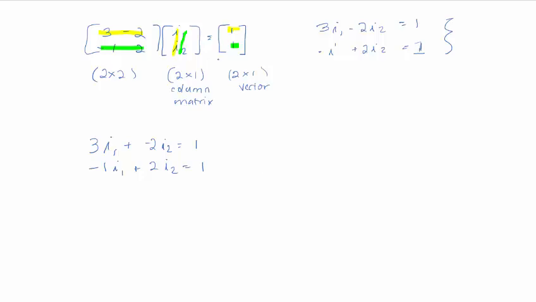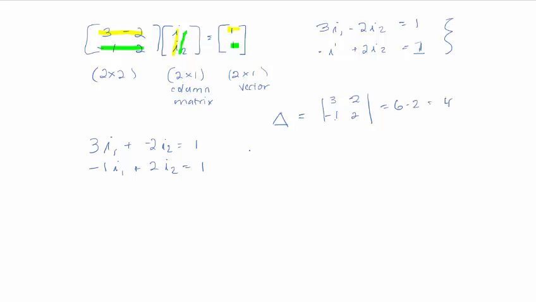So this matrix form is exactly equivalent to writing these two equations out. Now I can go ahead and apply Cramer's rule. The first thing is to find the determinant of the coefficient matrix. I find the determinant of 3, minus 2, minus 1, 2. It's this times this minus this times this, and you'll get 6 minus 2, which will equal 4.